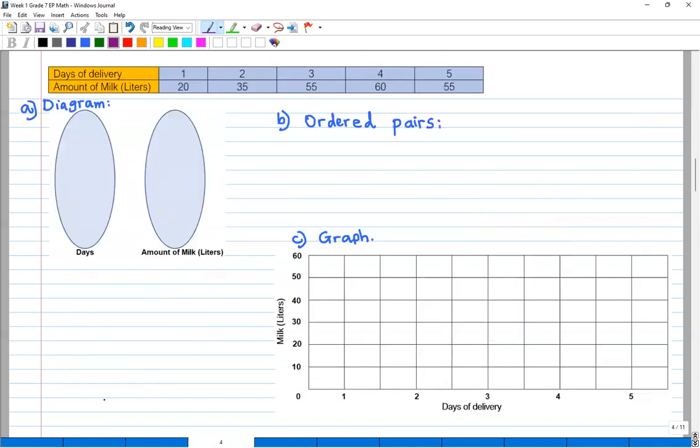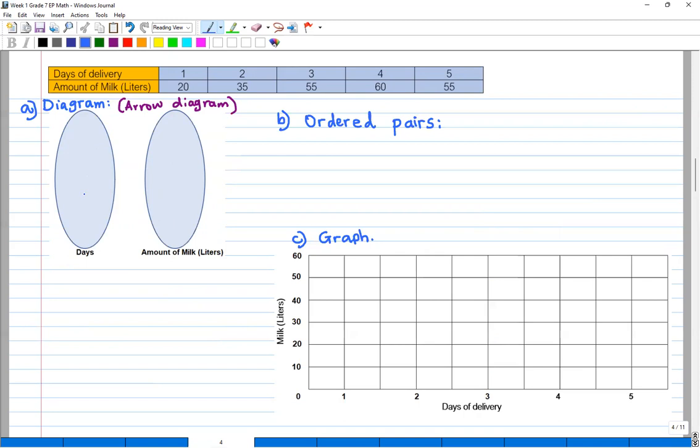Okay, now let's draw the diagram. This diagram is sometimes called an arrow diagram. So when you meet a question saying draw an arrow diagram, note that it is the same as this.